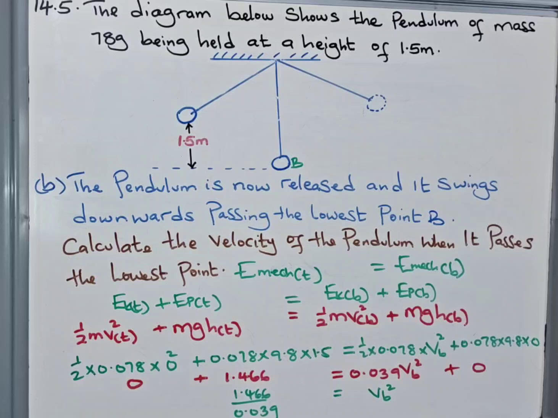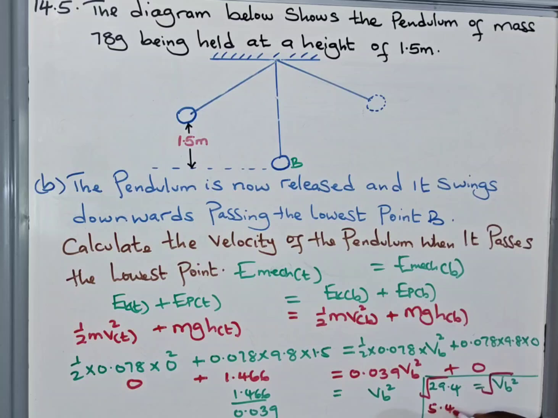From here, we have 29.4 being equal to VB squared. Next step is to find the square root of both sides. This gives us 5.42 meters per second, which is equal to VB.